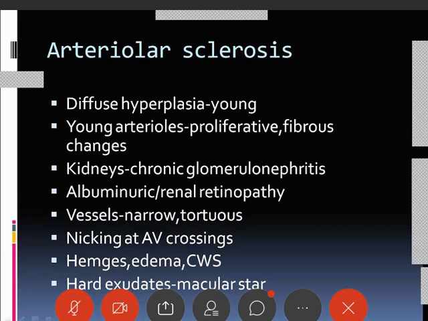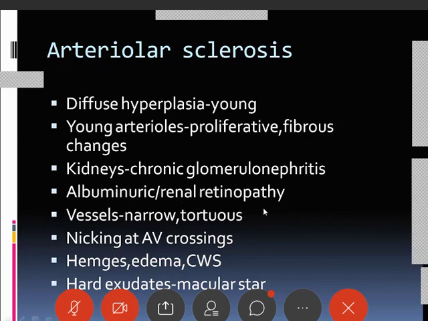Then there will be diffuse hyperplasia of the vessel wall, and in the young arteries there will be proliferative and fibrous changes. These are commonly seen in kidney problems like chronic glomerulonephritis, and it is then known as albuminuric or renal retinopathy.